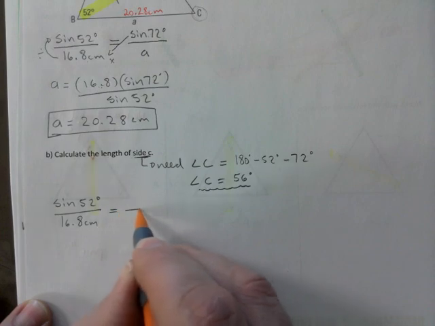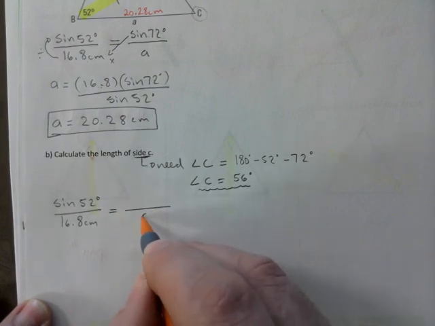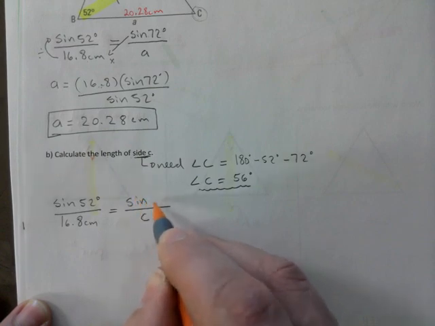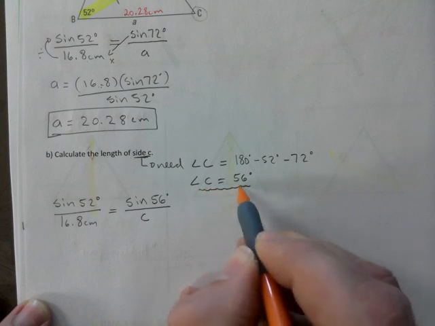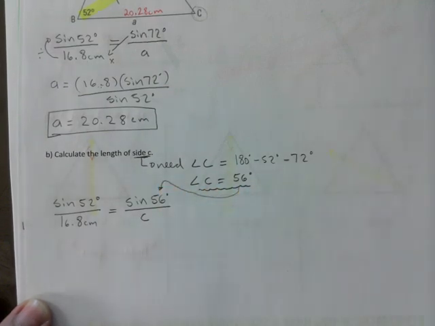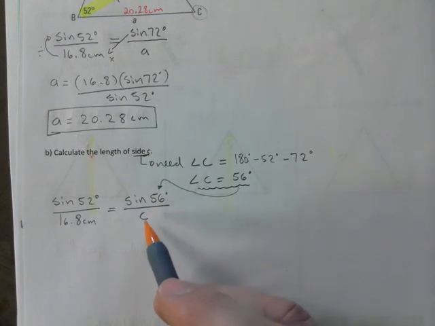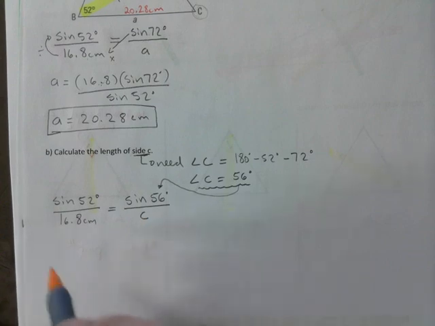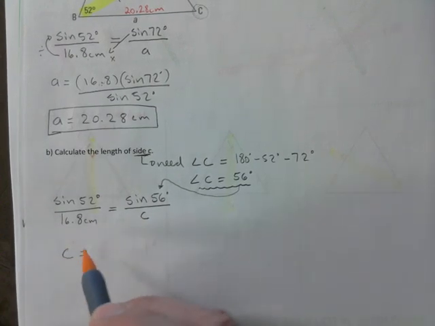And on the other side, if you want side C here, you need sine of angle C here. Okay, so this angle got plugged in there because they go together. Angle C goes with side C. And you do the same thing again.